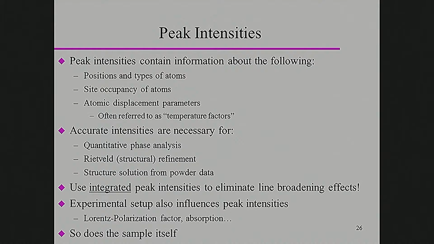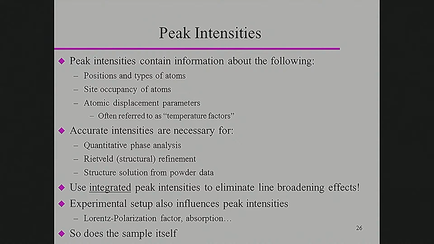You need accurate intensities if you want to do quantitative phase analysis, right? Otherwise that won't work. You also need that for Rietveld. And most importantly, if you want to attempt structure solution from powder data, you better have good intensities, okay? Because that is basically where your structure comes from, right? From the intensities.